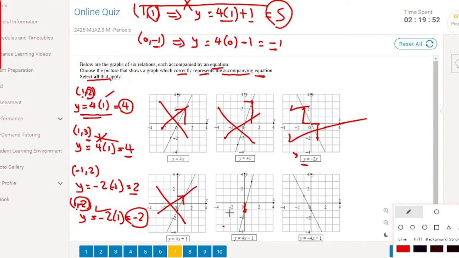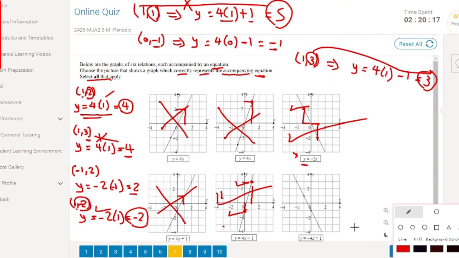So the first point is right. Let's see the second point, which is 1 and 3. So y will be equal to 4 multiplied by 1 minus 1. It will be equal to 3. And these points are equal. So the second point is equal. So this graph is right.